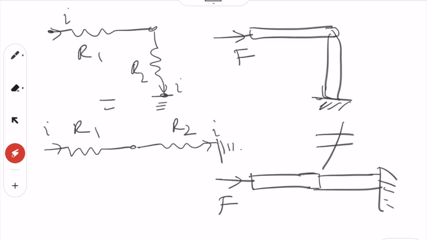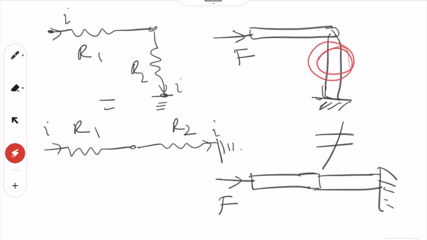You got it? So if we have our circuit like R1, R2 joined like this, current coming here going like this, this will be equal to R1 here, R2 here like this. But the same thing if you have it like this, the same element is here, but you are aligned and you are applying a force, you will have different kinds of stresses.